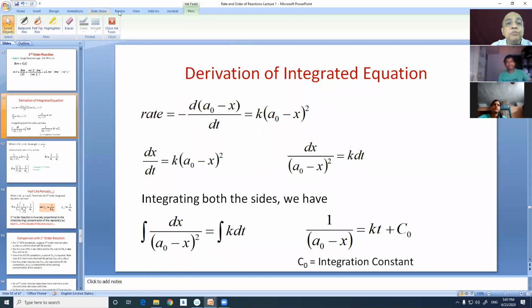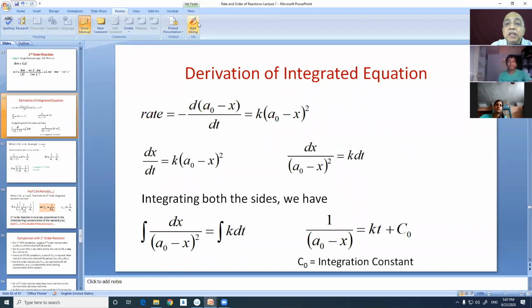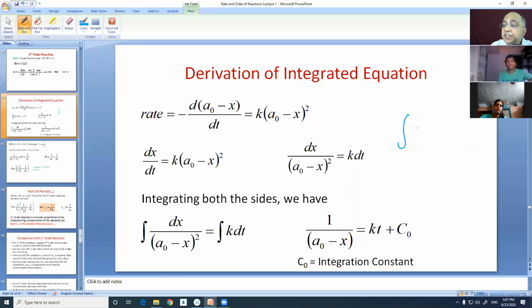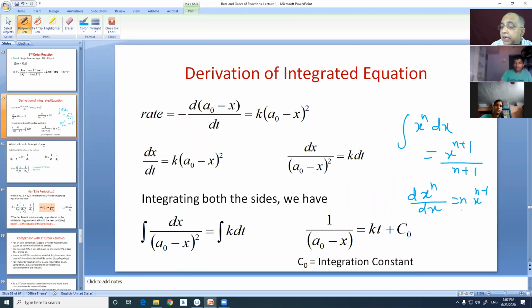But the main formula that we used here is the integration of x to the power n dx equal to x to the power n plus 1 by n plus 1. The differentiation of x to the power n is n x to the power n minus 1, but we are not using that, we are integrating.